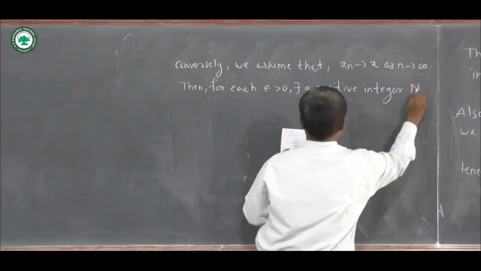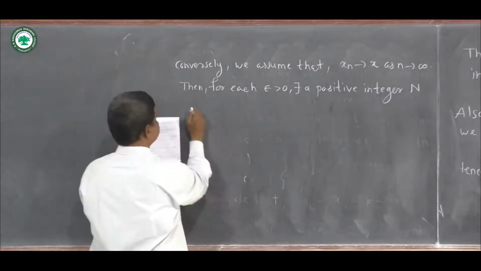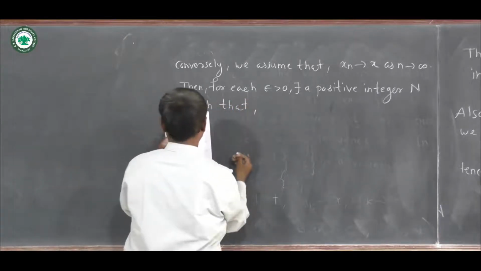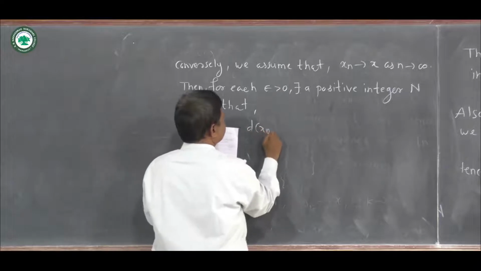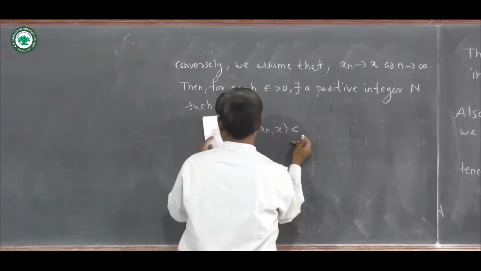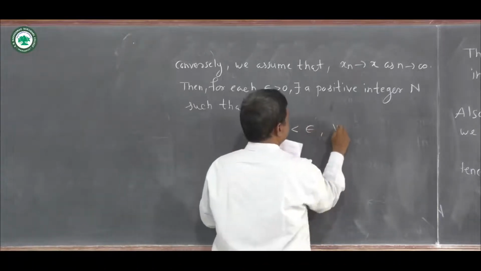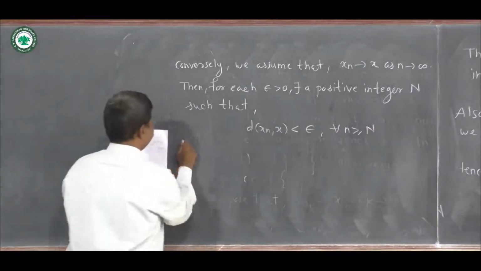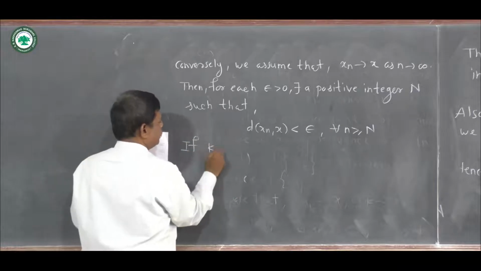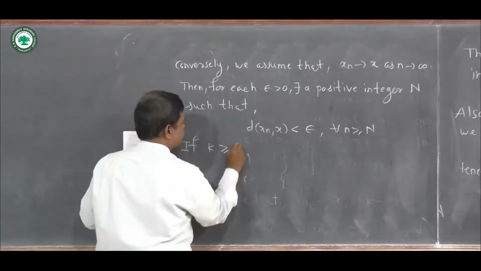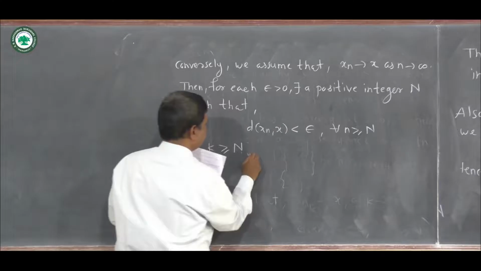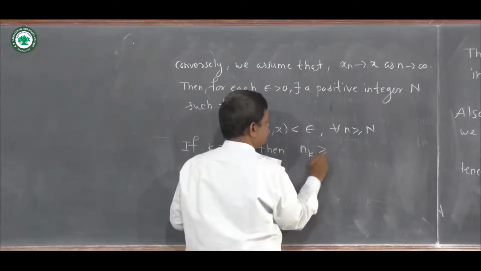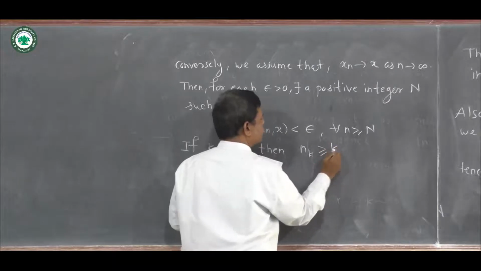N such that the distance between x_n and x is less than epsilon for all n greater than or equal to N. Now if we take an integer k greater than or equal to N, then by induction we prove that n_k is greater than or equal to k.